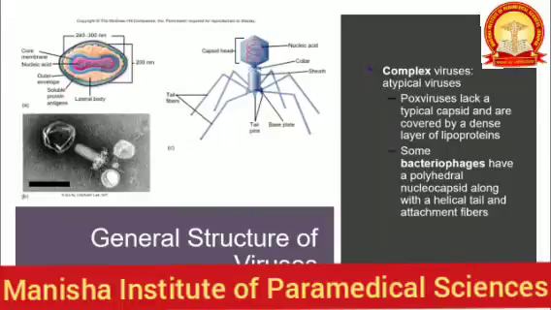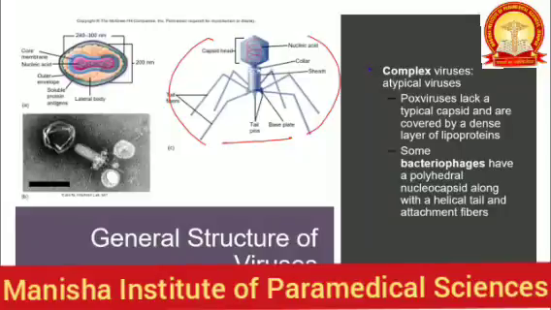Now the complex viruses like bacteriophage or pox viruses. Why do we call them complex viruses? Particularly if you look at bacteriophage, this is bacteriophage. Why do we call it complex? Because this virus doesn't have any particular geometrical shape.